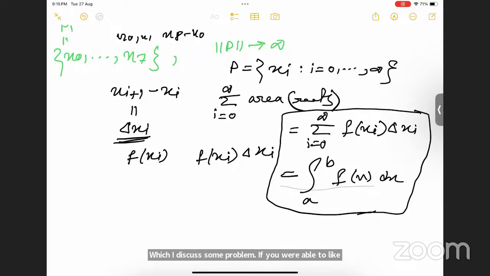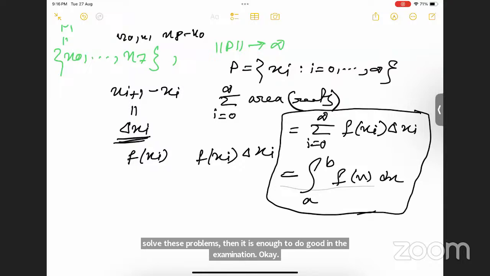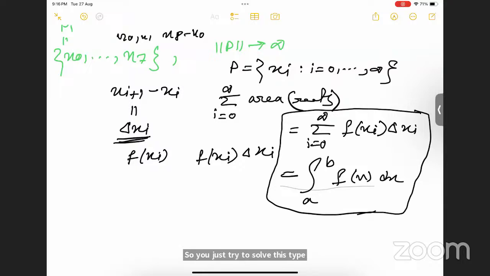So try to solve this type of problem, which I already discussed in this session. Okay, ma'am. This was the theory part done for the calculus part.